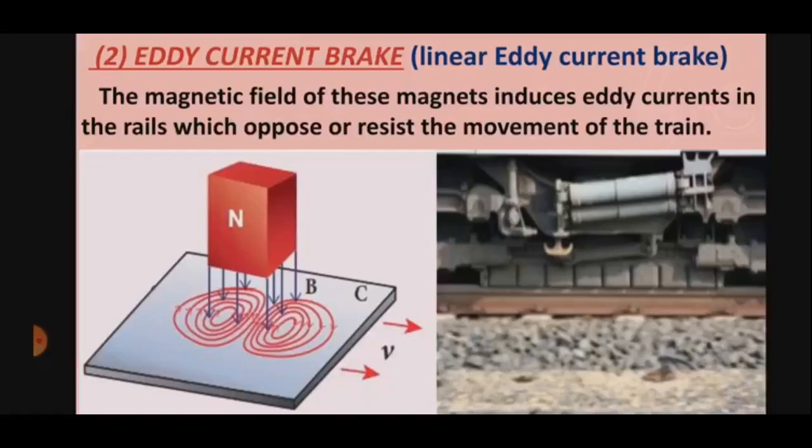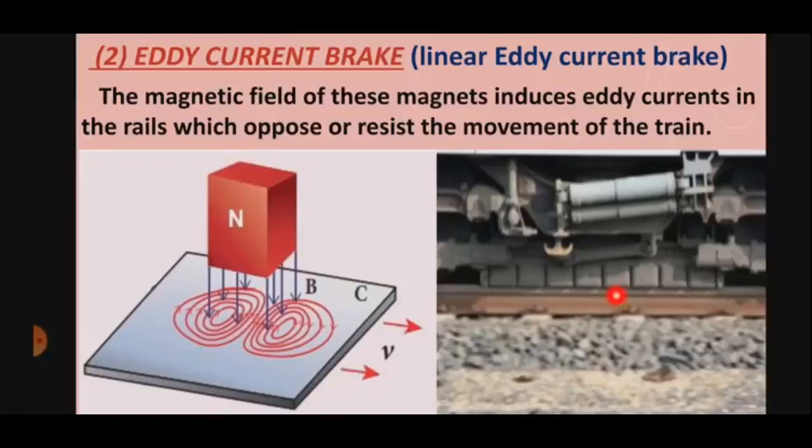This eddy current braking system is generally used in high speed trains and roller coasters. Now, a strong electromagnet is fixed just above the rail to stop the train.